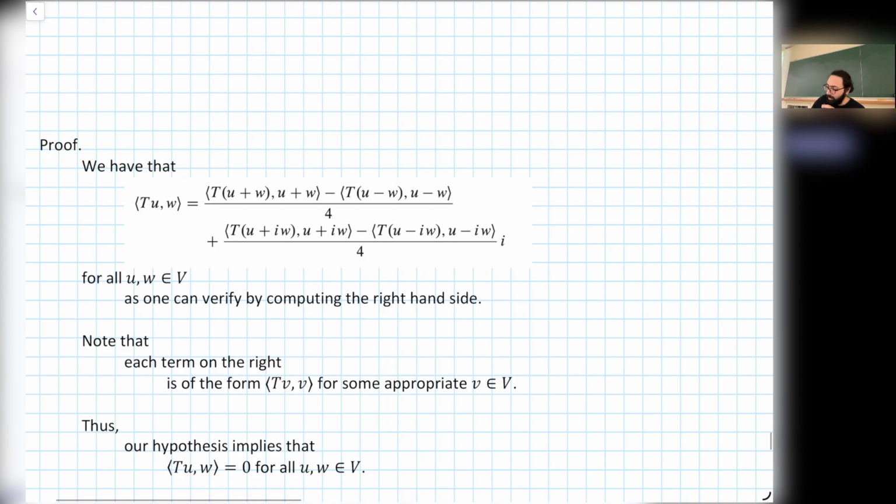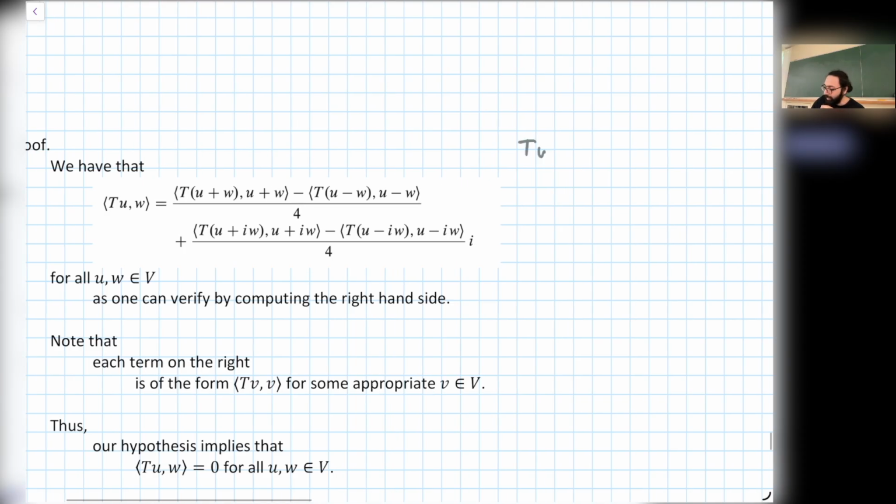So how does the proof go? The proof does some math trickery.